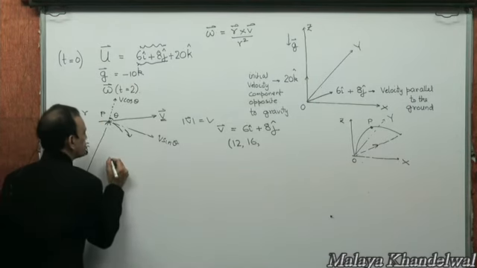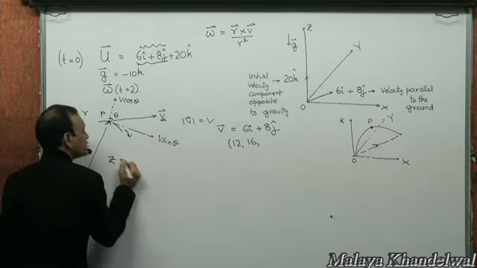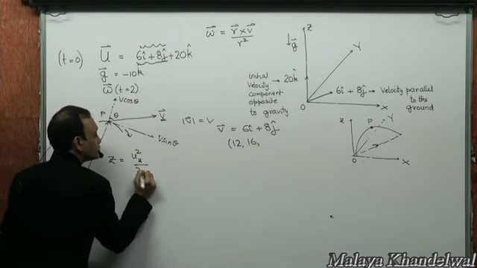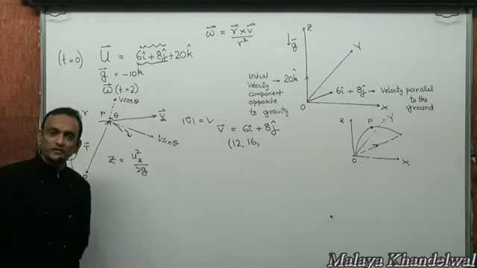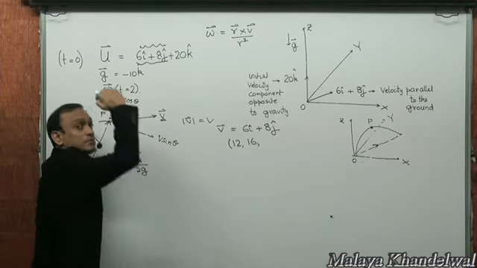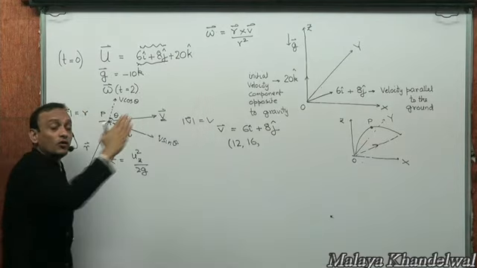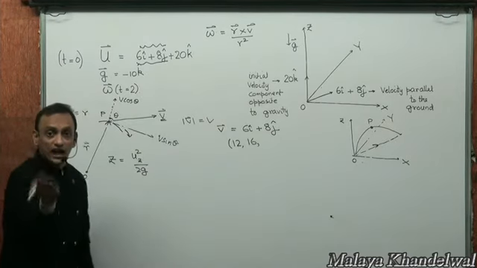What's the maximum height reached by the particle? That's going to be the z coordinate: u initial in the z direction squared divided by 2g. Why? Because in 2 seconds the vertical velocity would have become 0 and the particle would have reached its highest point.